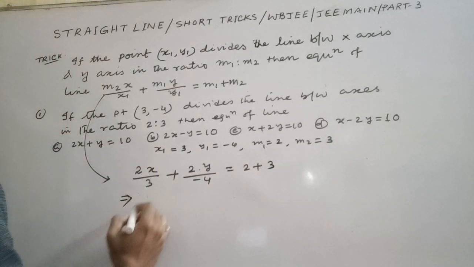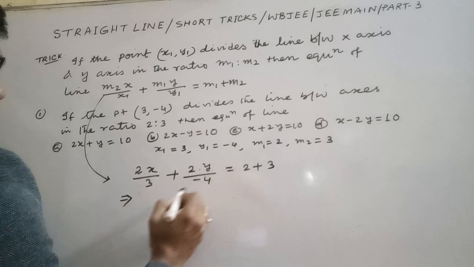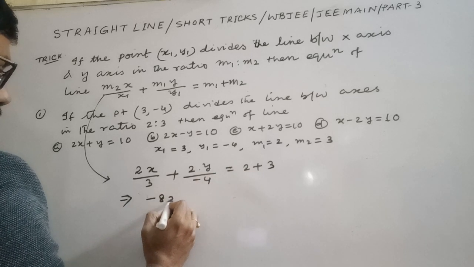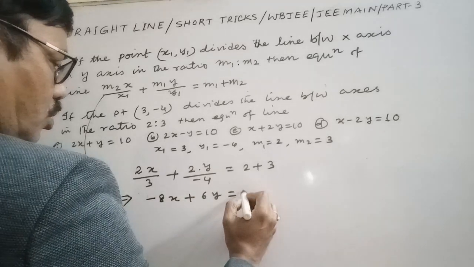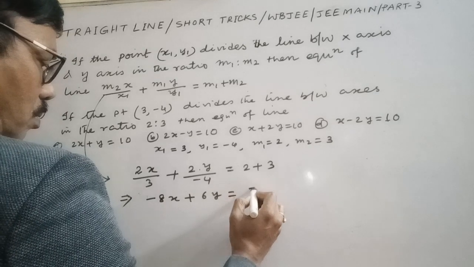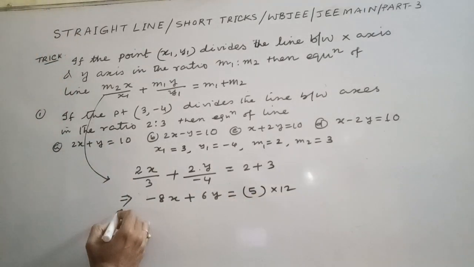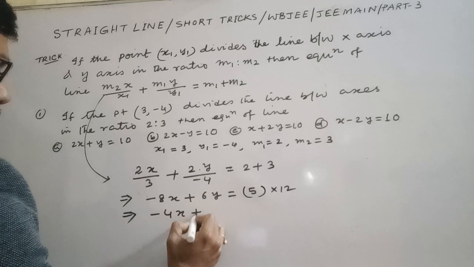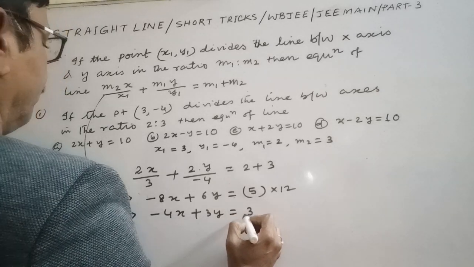So we are getting -8x plus 6y equals 5 into 12. So dividing it by 2, -4x plus 3y equals 30.